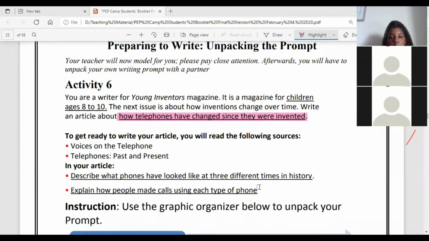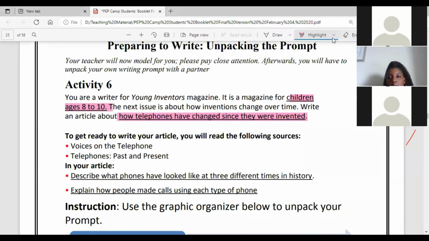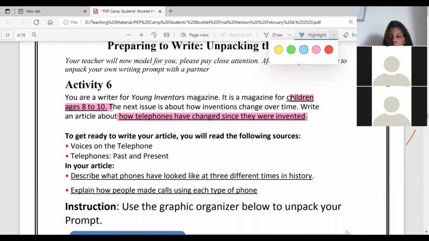All right. So I'm seeing in the chat, children ages 8 to 10. Yes, very good. So that's our audience. So I'm going to be highlighting this in another color. All right.